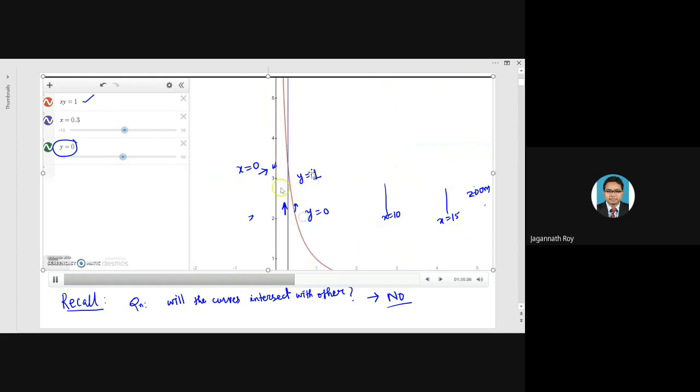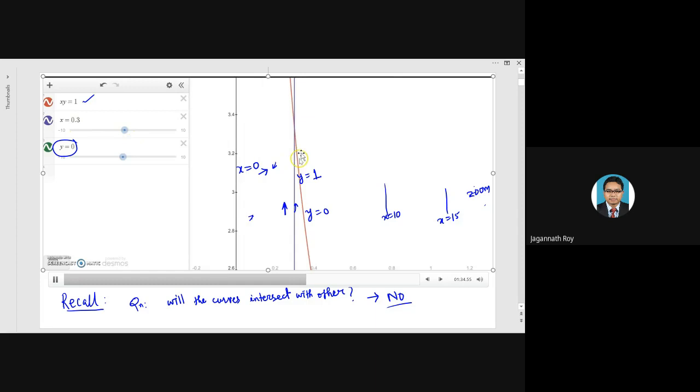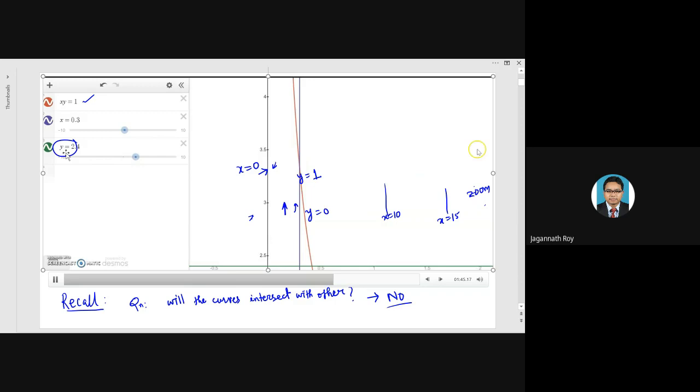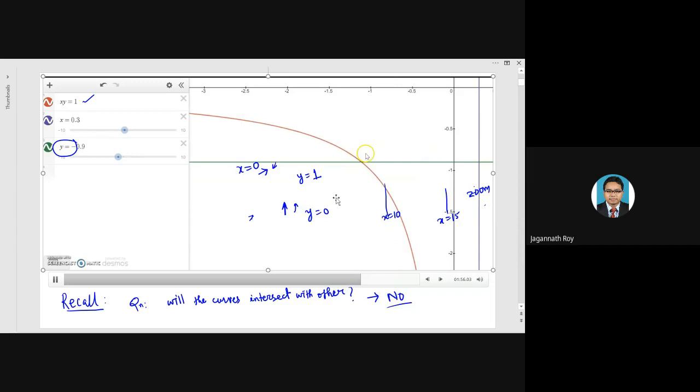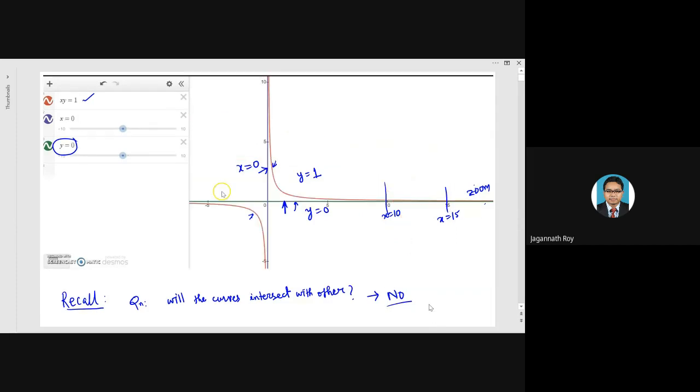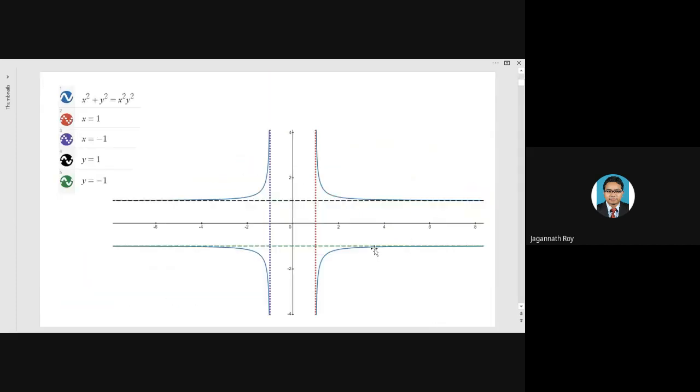So here you can see that there is an intersection between these two curves. If we change the value of x, x equals 0.3 will give you this scenario that they will intersect at some point. Same case here also, if you change y to 2.4, or if you change the value of y, then it will intersect. So with this graphical notation, we proceed to define.